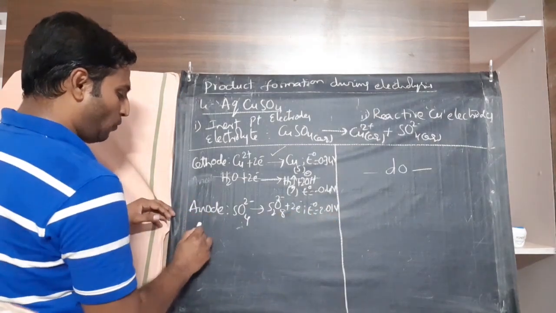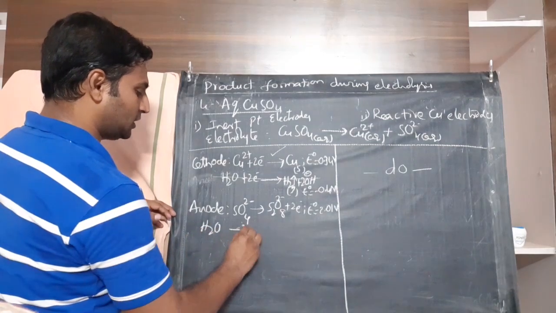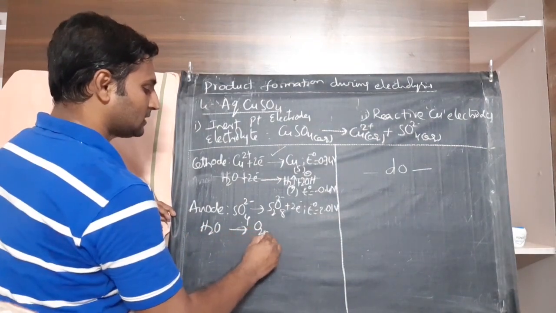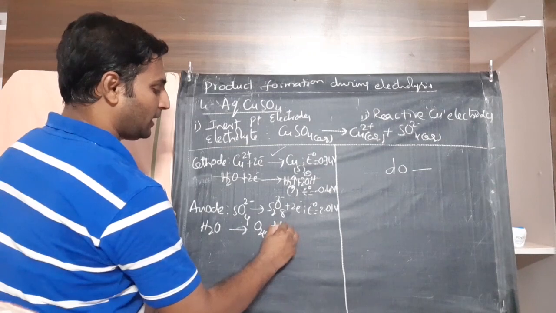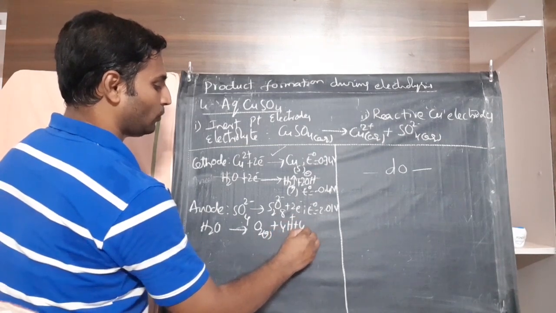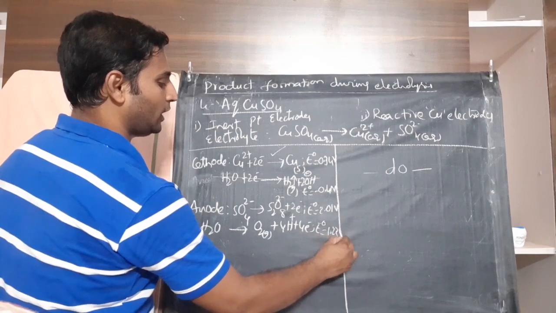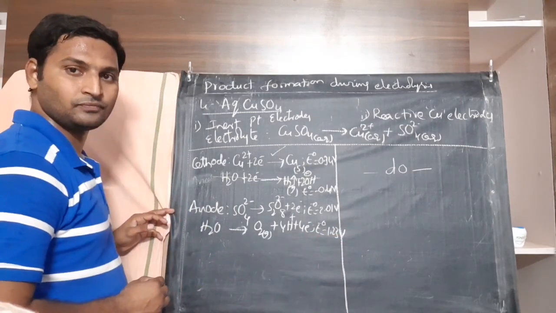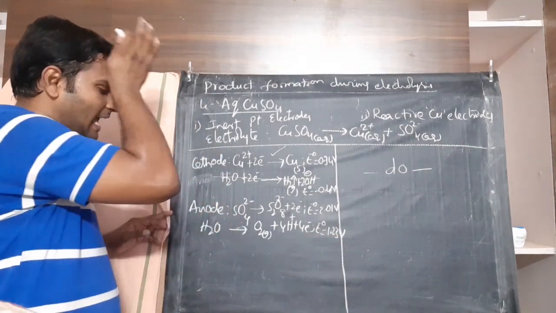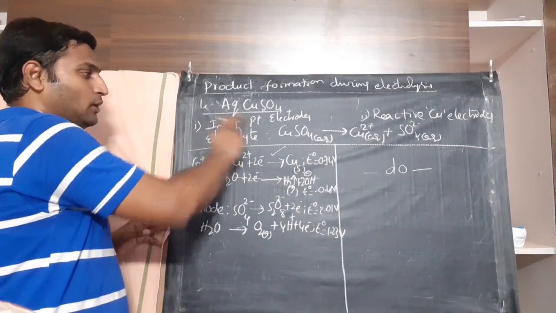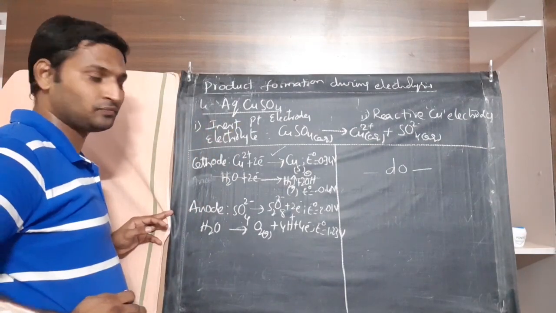At the same time, water also is trying to undergo oxidation, forming oxygen gas, forming H plus ions as the byproduct with loss of 4 electrons, and E naught value for this is 1.23 volts, we know that. Now these two are the reactions at anode as long as you are using inert platinum electrodes.